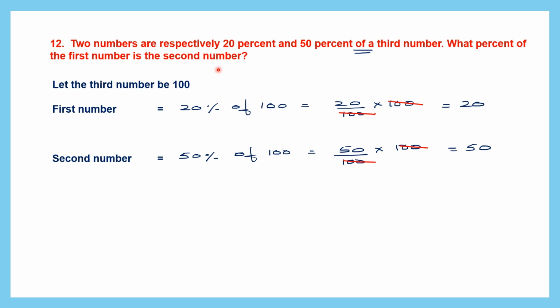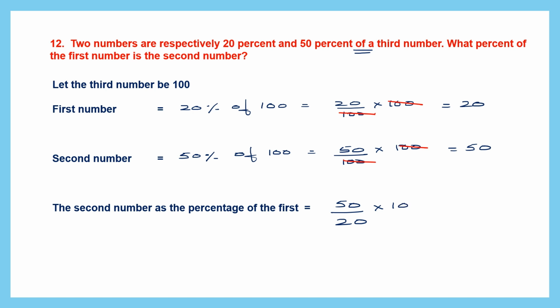You should be careful about your question. Now here what they're saying is the second number as a percentage of the first. That's what they're saying. The second number as a percentage of the first number we have to say. Okay, so that means here we have to write the second number on top and the first number below that. And since it's percentage, we multiply this by 100. So here we can cancel.